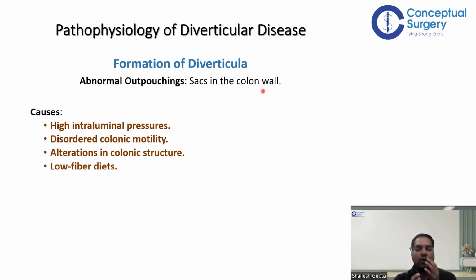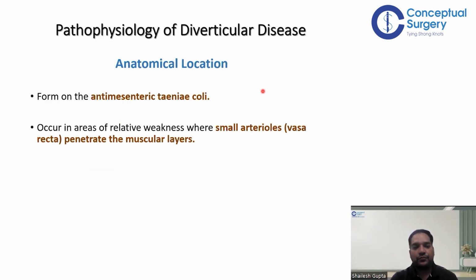So these are the reasons which are given in the suggestion, right? So basic यही है, high colon intraluminal pressure. So disorder colonic motility, low fiber diet, alteration in colonic structures are ultimately leading to high colon intraluminal pressure, which is leading to formation of the diverticula.